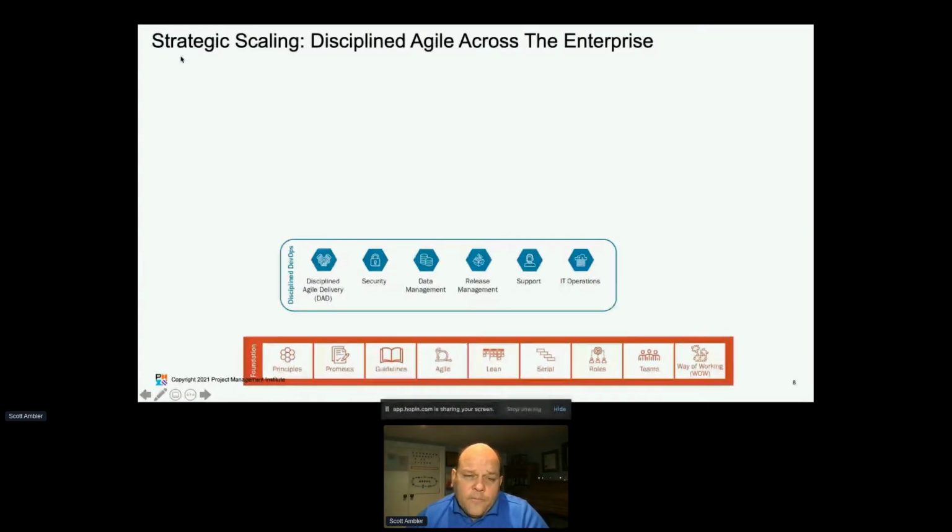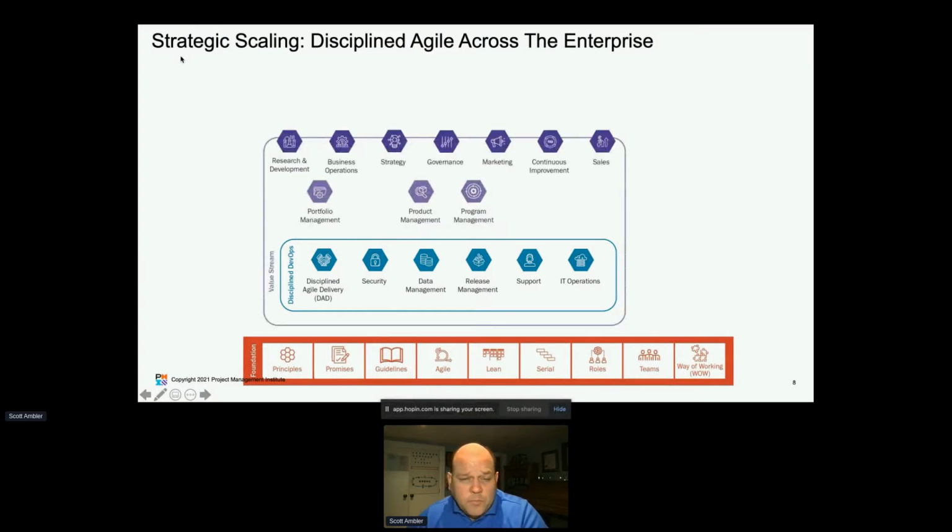So the idea here is in DA, we support enterprise class DevOps. How does it all fit together? It's not just about DevOps plus DevSecOps plus data DevOps and so on, but what is the overall holistic picture? How do these things fit together? Because it really is all about getting all of these things working well. All it takes is one group in your organization to be ineffective and they drag everybody else down.